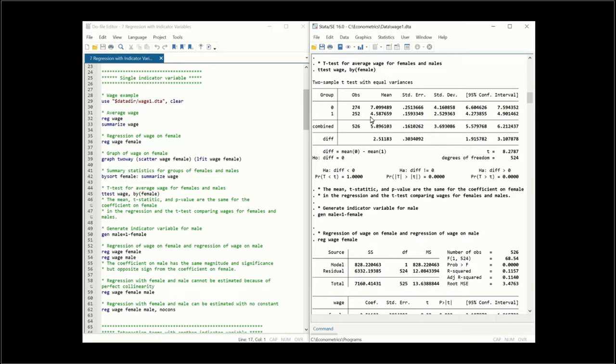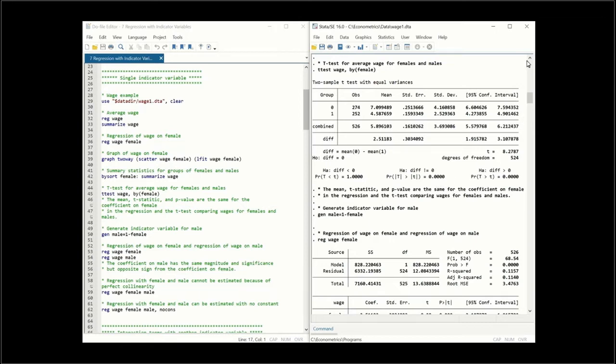This is the average wage for females, the average wage for males. And if you look at the difference between the two, it is actually 2.51. So that's by how much the wage for males is higher than females. And if you look at the t-statistic here and the p-value, we're concluding that the wages for male and female are significantly different from each other.